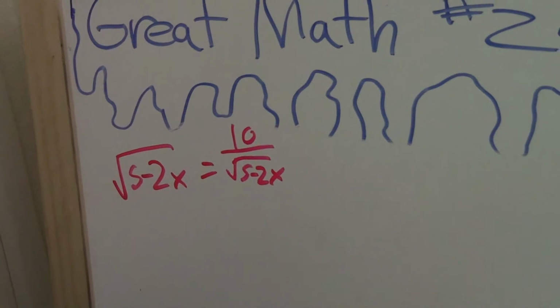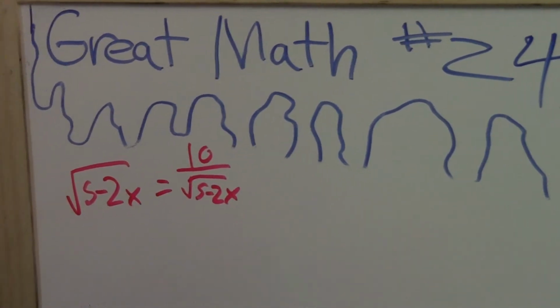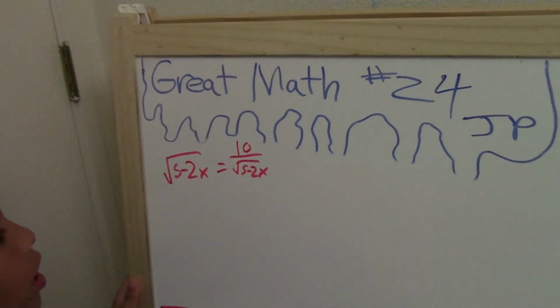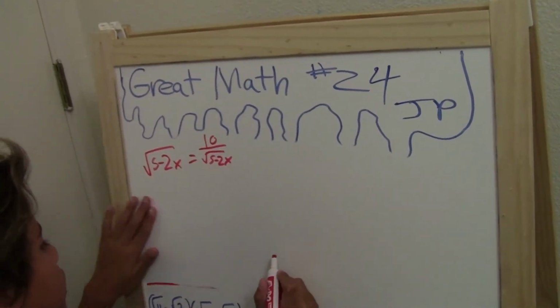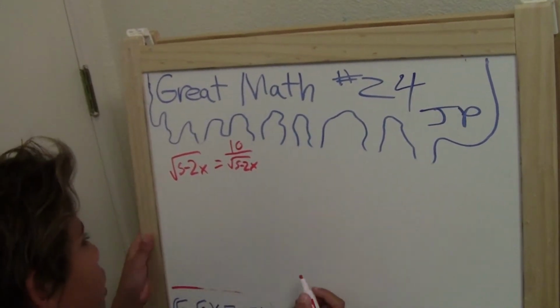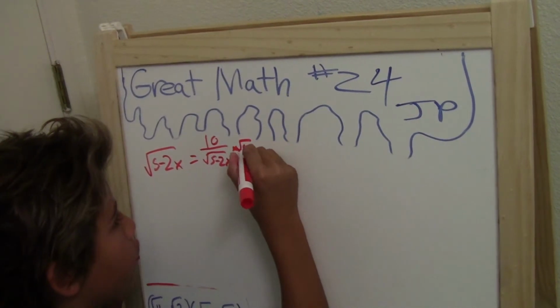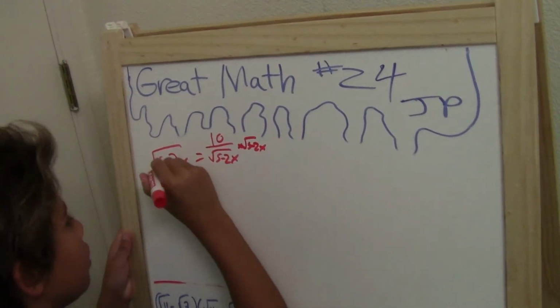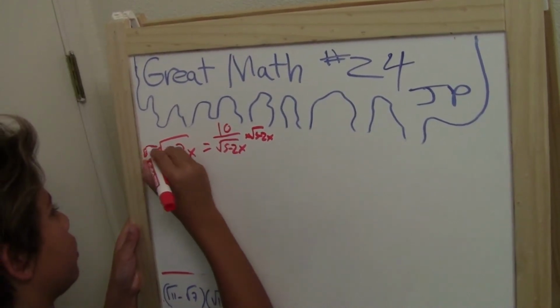In this exercise, we're trying to find x. Because now it's an equation, we can just multiply by the square root of 5 minus 2x on both sides.